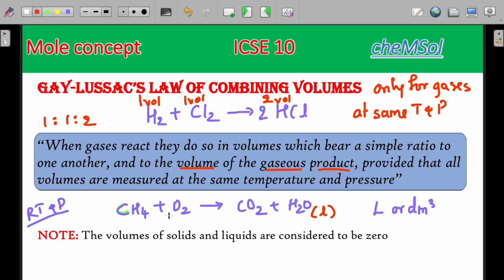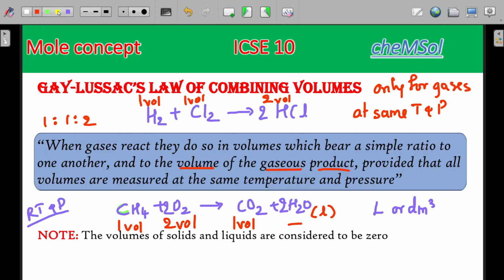You have to use only the gases. Here methane is a gas, oxygen is a gas, CO2 is a gas, but before you take it you have to balance it. So carbon 1, hydrogen 4, 2H2O, right? Oxygen will be 2 plus 2, 4, so 2O2. Now what will be the ratio for methane? 1 volume of methane needs 2 volumes of oxygen, and in this process you will get 1 volume of CO2. You should not take water.